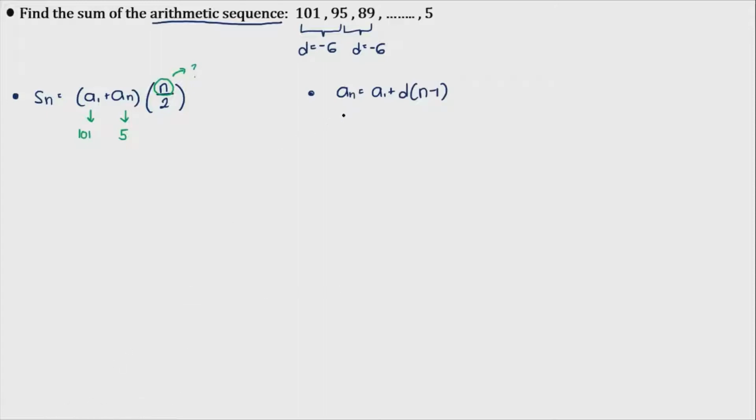Ang pipiliin kong AN is 5, kasi gusto natin malaman kung pang ilan si 5. Is equal to first term which is 101 plus negative 6 times n minus 1. Solve for n, malalaman natin na si 5 ay ang 17th term.